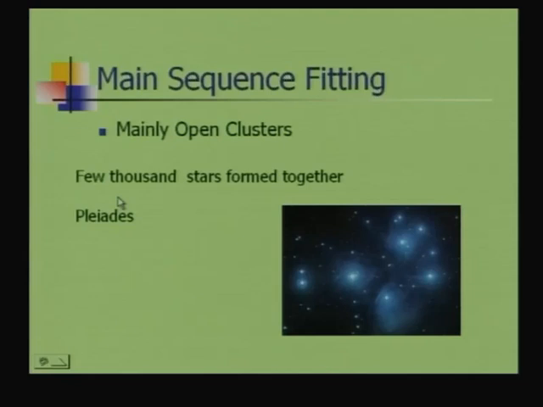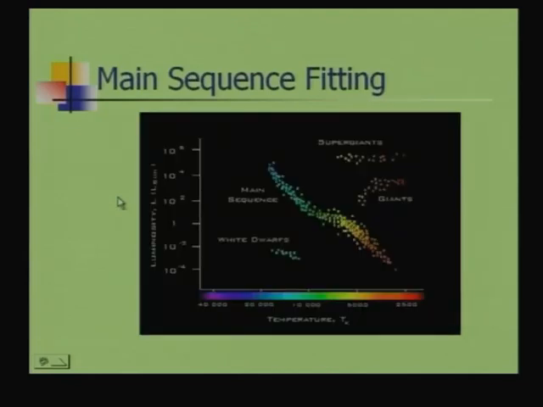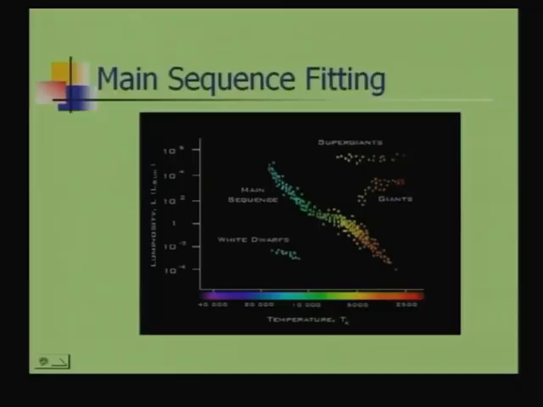Now we will digress a little bit to stars. The behavior of stars can be understood and classified on a diagram called the Hertzsprung-Russell diagram, the HR diagram. This picture here shows you a schematic HR diagram.